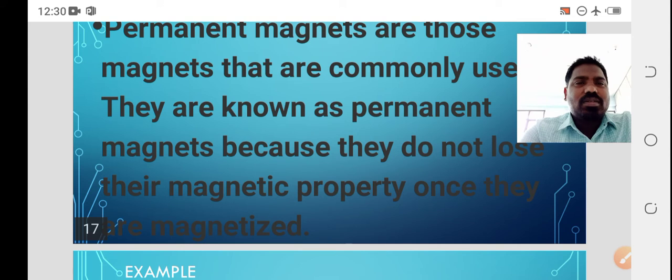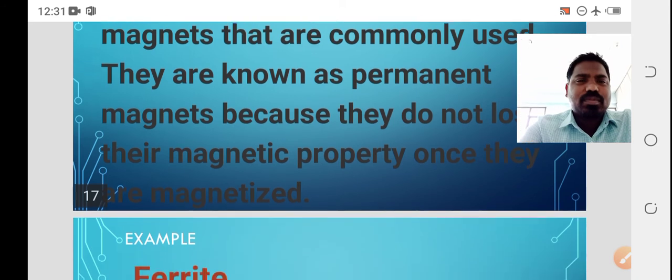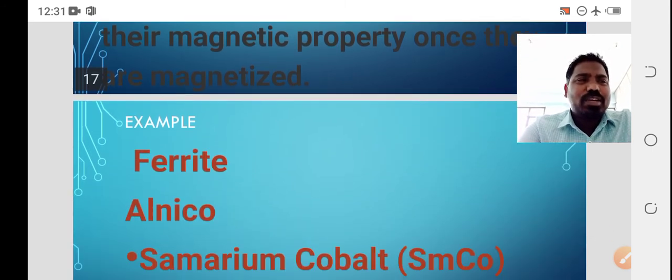So why are these regularly used magnets considered permanent magnets? Because they do not lose their magnetic property once they are magnetized. Examples of permanent magnets: ferrite, alnico, which is aluminium, nickel, cobalt, and is used regularly in aeroplane parts.